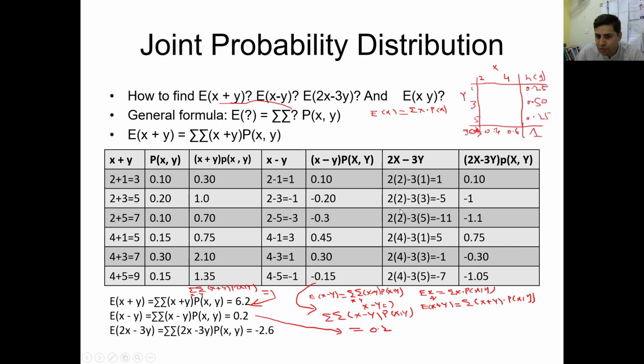Okay, when x is 2, so 2 into x is 4, because in the first terms we are changing the values of y. So 2 into 2 minus 3 into 3. So 4 minus 9 is equal to minus 5. So 2 multiplied by 2 is 4, minus 3 multiplied by 5. So 4 minus 15, which will be minus 11.